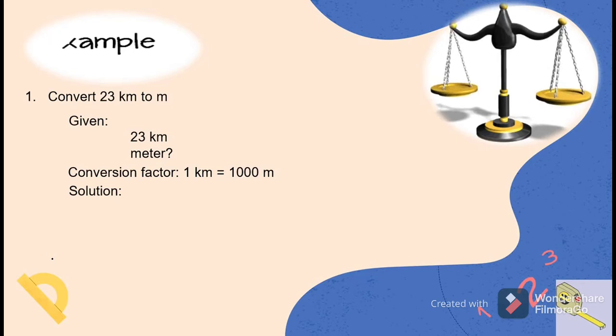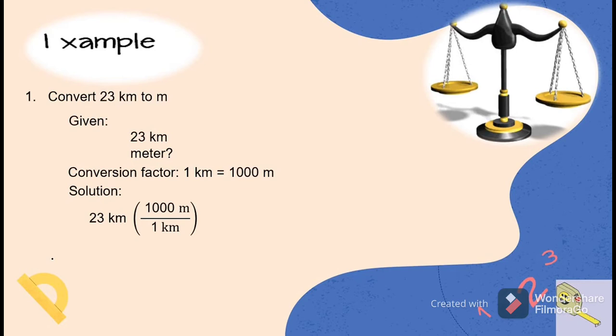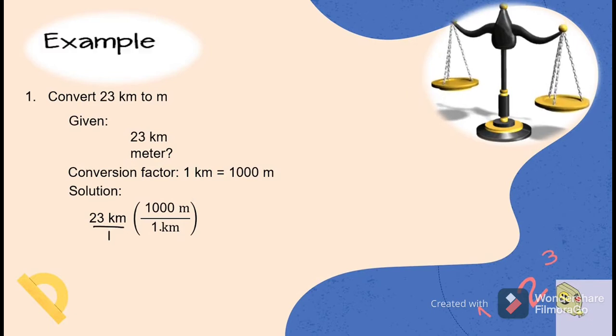Next, always rewrite what you're given. So we start with 23 kilometers over 1 multiplied by a fraction. Since 23 kilometers is on the top, we will write 1 kilometer on the bottom, therefore 1000 meters on the top, so that we can easily cancel out the unit of measurement, which is the kilometer.